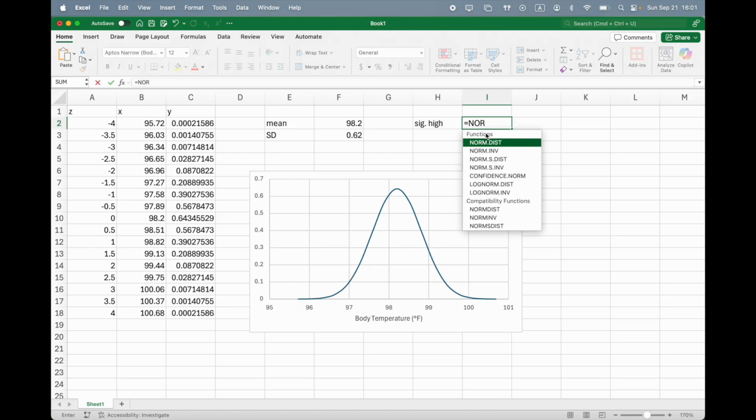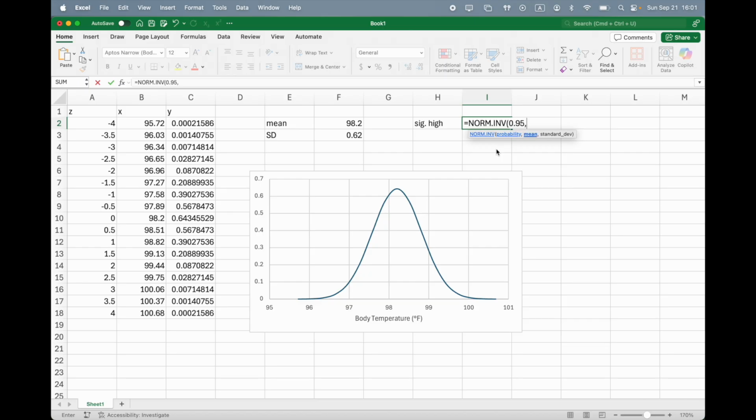What we're going to do is use the norm.inv function because we want to find that area to the left of the curve being 0.95, right? Where a significantly high value would be less than 5% of values under that curve. So since we always go from the left, we're looking for that temperature when there's 95% of values below it.